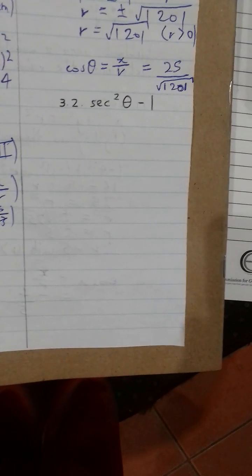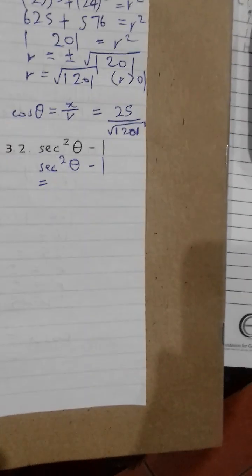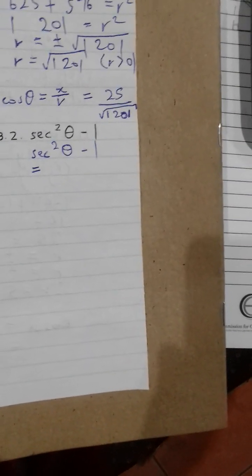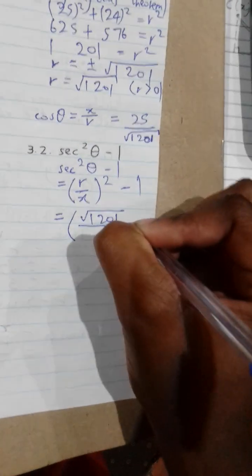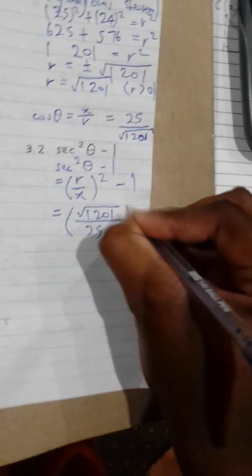3.2, sec squared theta minus 1. Sec is hypotenuse over adjacent. Don't forget sec is 1 over cos. So it's r over x, squared, minus 1. What is r? The square root of 1201 over, what is x? 25, minus 1.